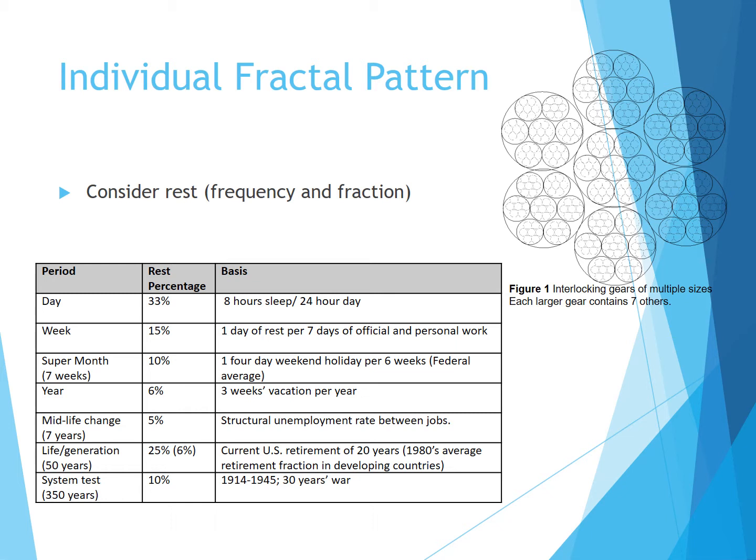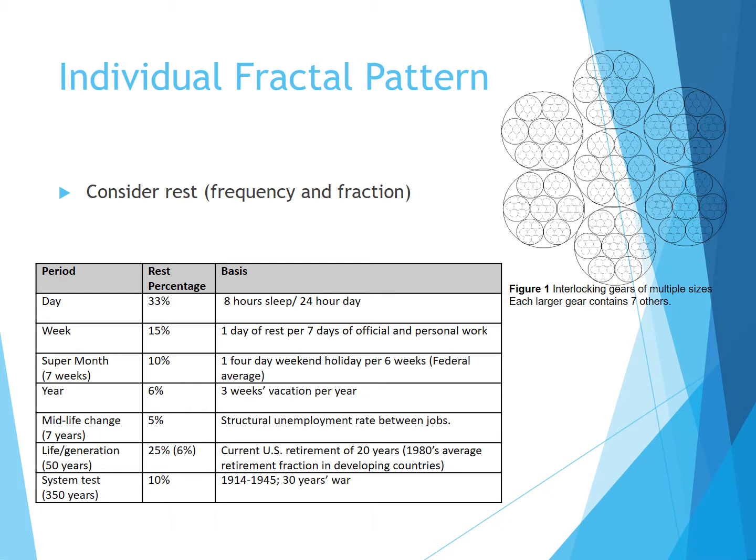Then in a year, we have about 3 weeks of vacation, so that's 6% of that time frame. So you see we went from day to week to 7 weeks to a year. Each one of these went up by a factor of 7. There are 7 days in a week, 7 weeks in this super month, and 7 of these periods in a year. That gives us 49 weeks, about a year.